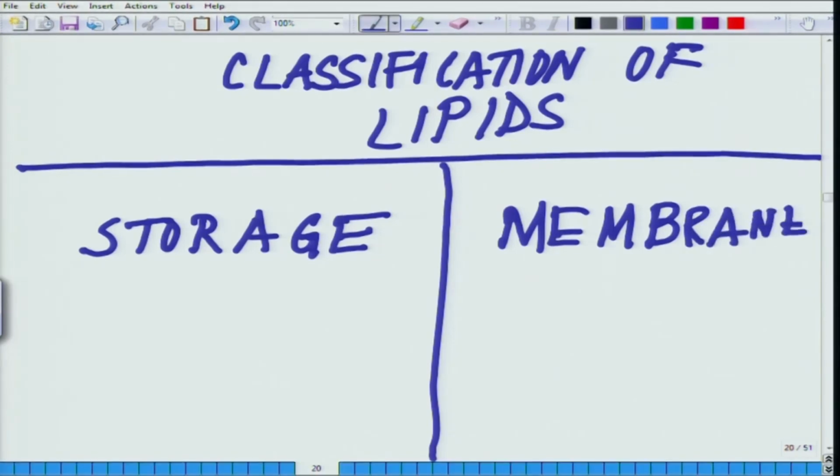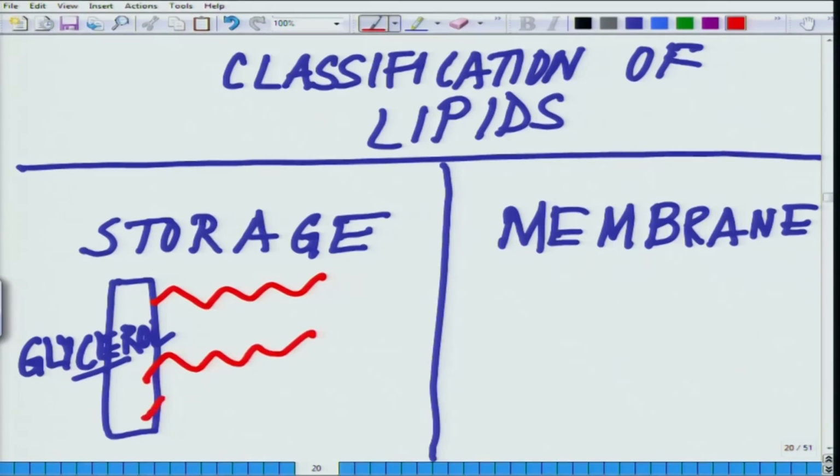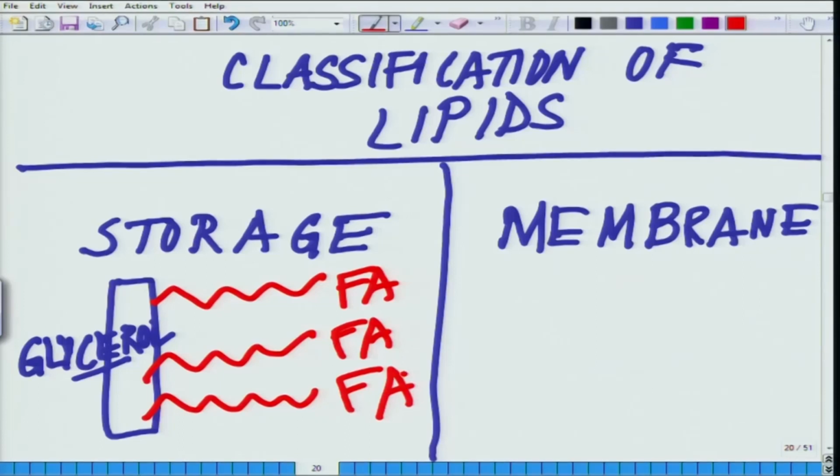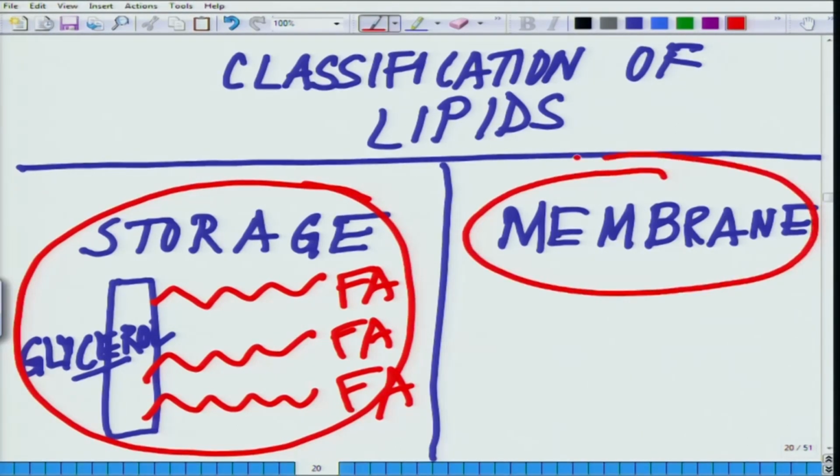Among the storage lipids, in the last class we talked about a glycerol moiety, those of you who remember it, and on glycerol there are fatty acids attached to it. FA stands for fatty acids. These are the basic storage lipids we have already discussed. Today we will start with the membrane lipids and all the classification of the membrane lipids.